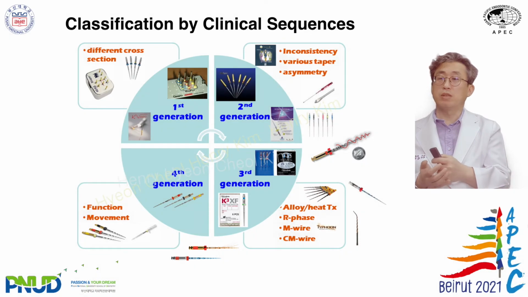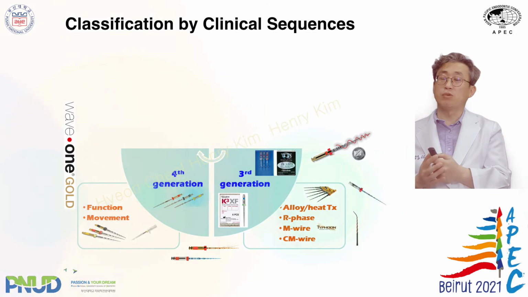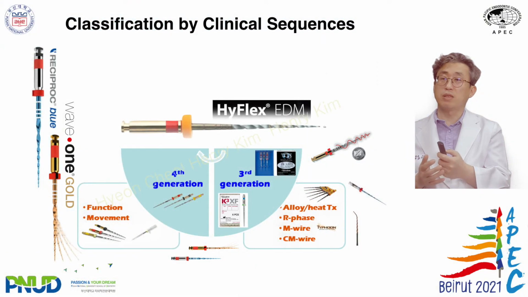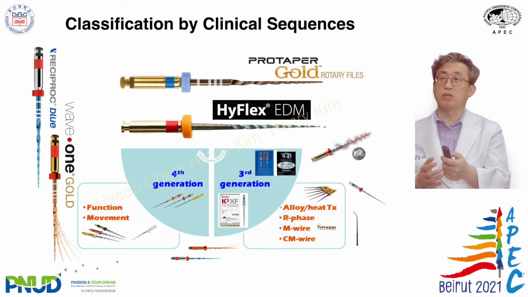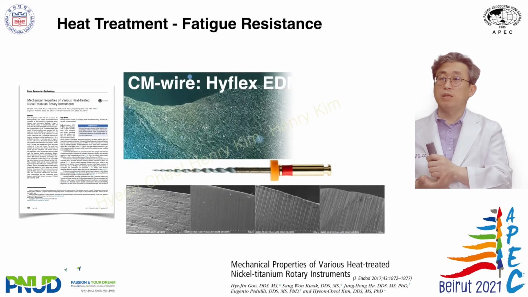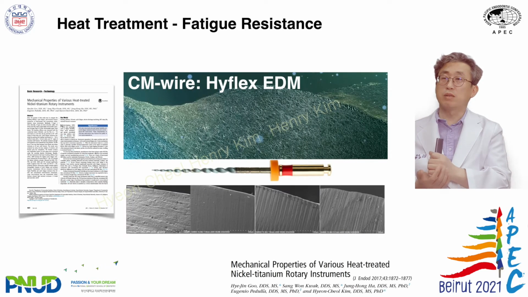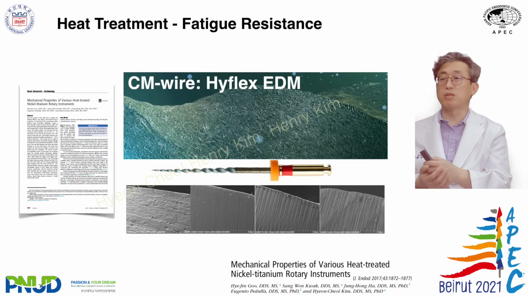So considering this root integrity, we may select files in the third group with heat-treated alloy for minimal risk of vertical root fractures. This study used the HyperEDM, which is manufactured by electro-discharge machining.